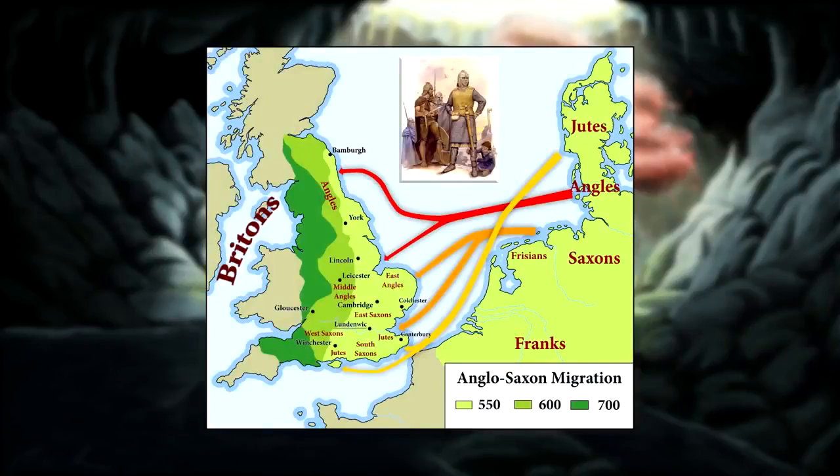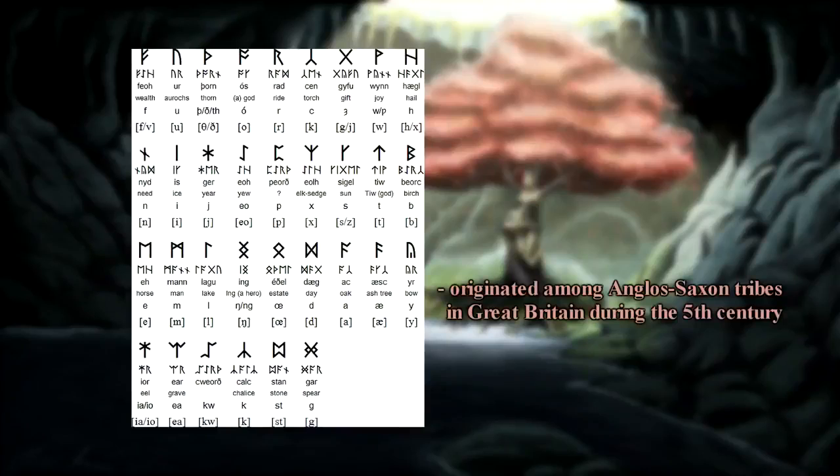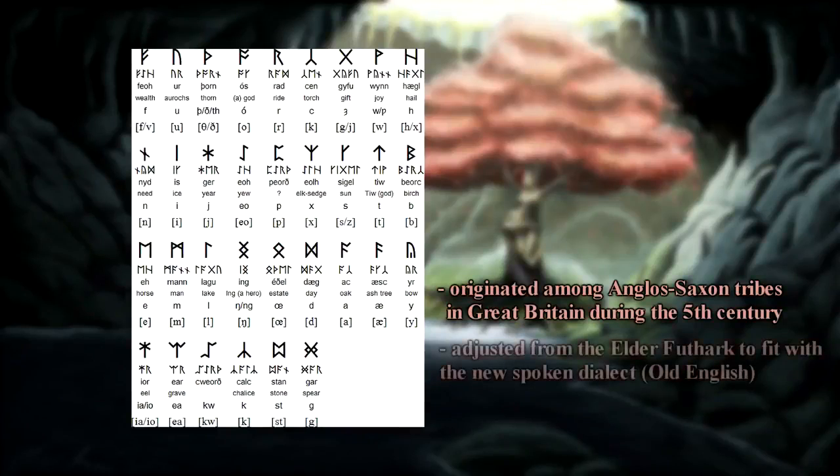The Anglo and Saxon tribes that came from the mainland during the 5th century brought the Elder Futhark with them, and in time modified it to better fit with the new spoken dialect of the Anglo-Saxons, the Old English. To accommodate for the changes in pronunciation and sound of the new language, some runes of the Elder Futhark were not only adjusted, but several new letters were added, leaving the Anglo-Saxon futhark with 33 letters in total.